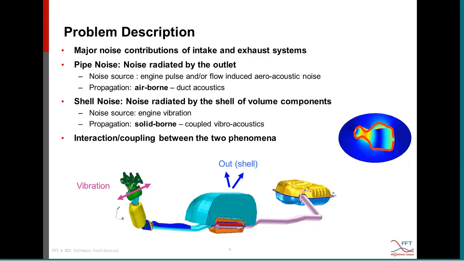In that case, the interior air volume is a pure acoustic problem. However, this is an assumption, because in reality these two contributions interact with each other. The interior acoustic wave generates vibration of the shell, and in return, the shell vibration is also a source of interior acoustic waves.